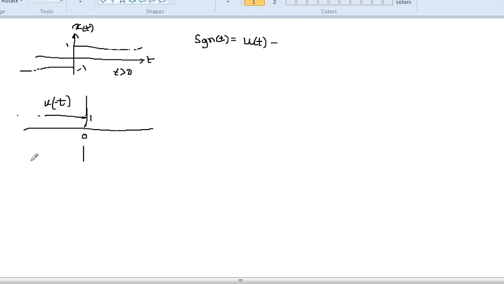To make it so, with minus 1 at the 0th instance, I have to write it as minus of u of minus t. So sgn of t is nothing but u of t minus u of minus t.